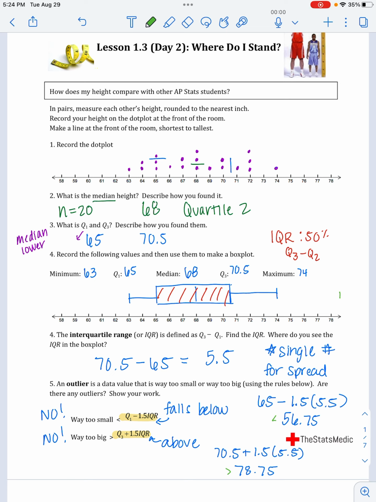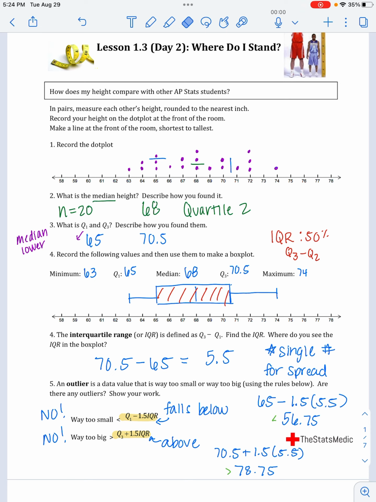All I would do is put a little asterisk where that 79 is, but my whisker would stay touching the next highest number that is not an outlier. So outliers are done with asterisks, and the whiskers do not touch outliers.